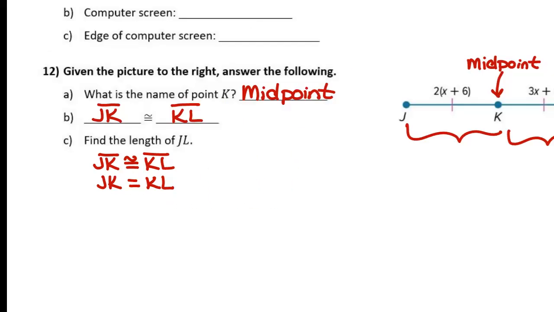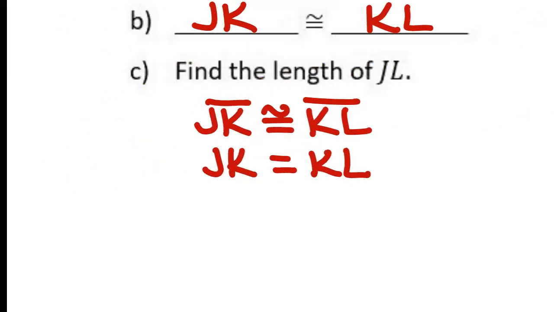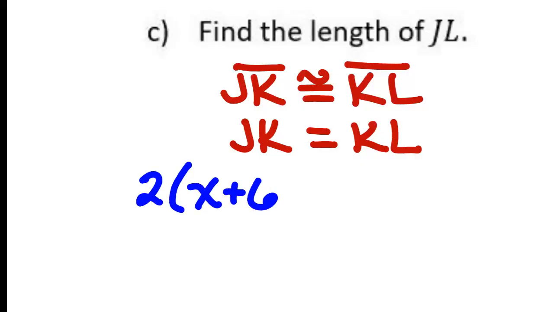And then we're going to substitute in. How big is JK? 2 times x plus 6 equals, what goes in for KL? 3x plus 8.